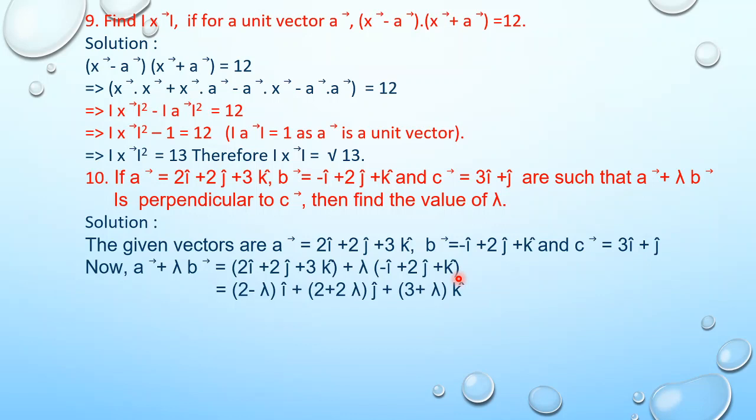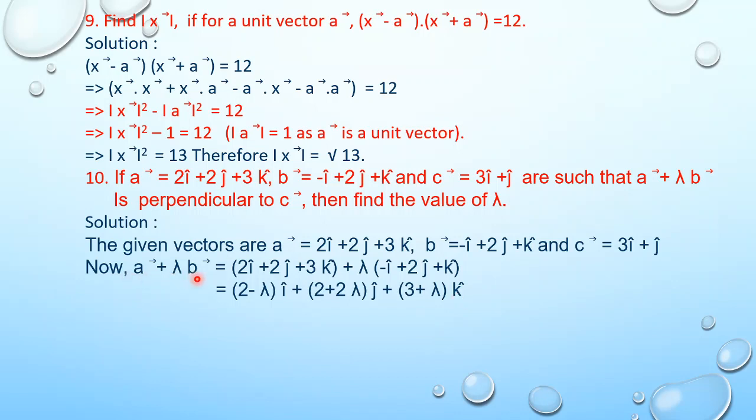Then I'll be getting finally 2 minus lambda into i, next 2 plus 2 into lambda into j, and 3 plus 1 into lambda into k. So the coefficients of i, j and k are 2 minus lambda, 2 plus 2 lambda, and 3 plus lambda. Okay, so now I got vector A plus lambda B.